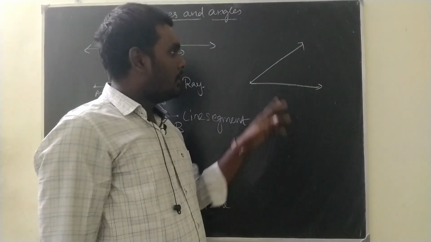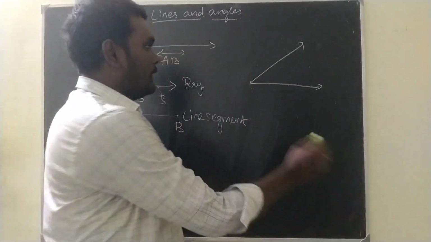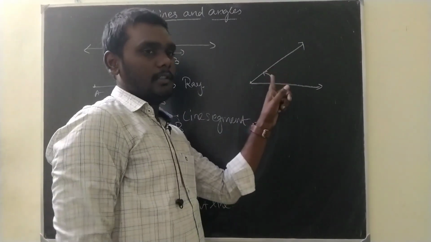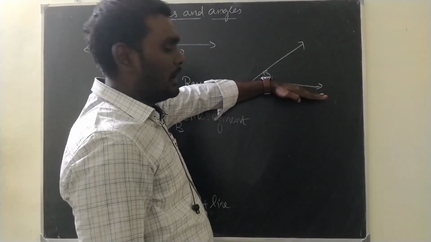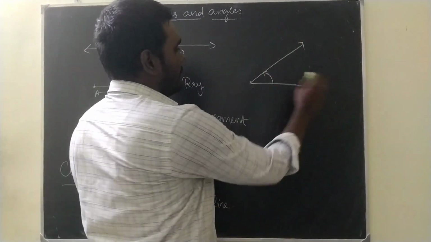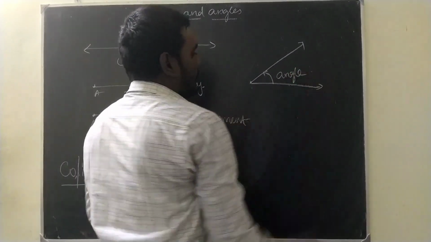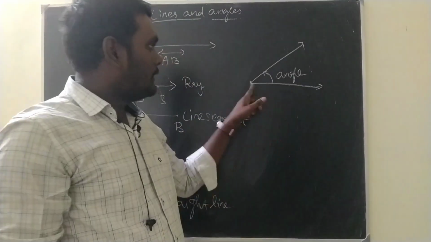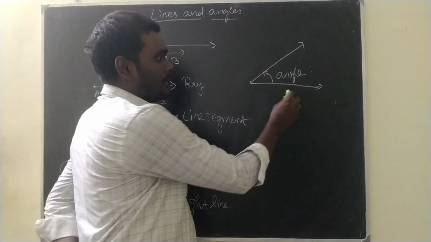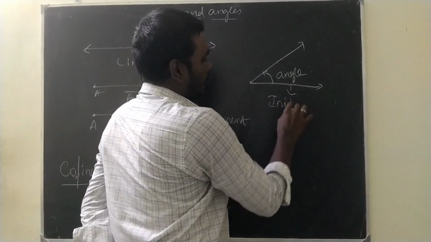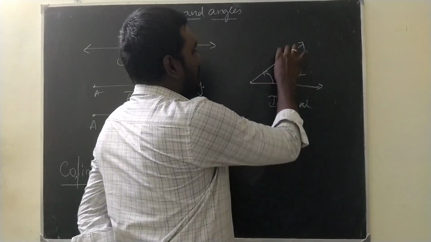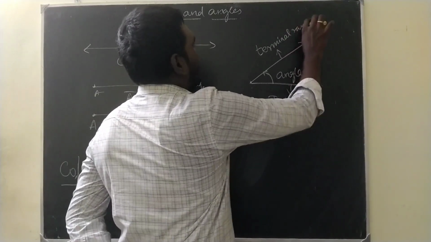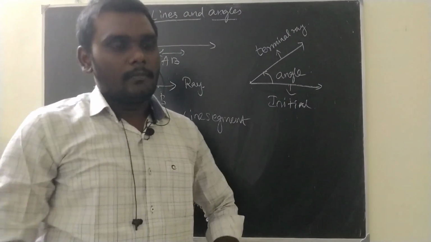So, in case we have two rays, the amount of rotation taken by this ray to reach this position is called an angle. In that, this ray is the initial ray, where it starts, and where it ends is called the terminal ray.